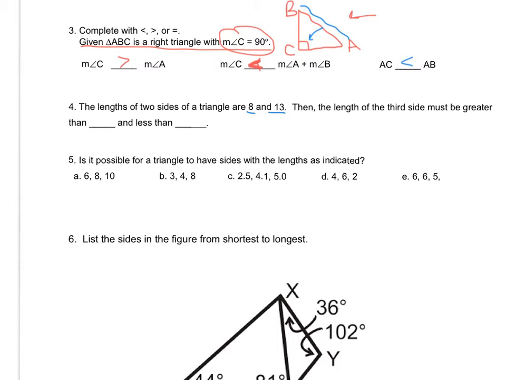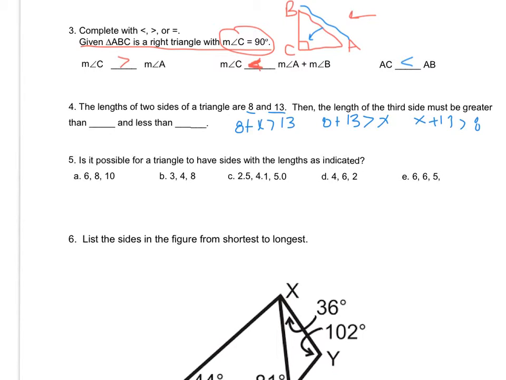We know that 8 and whatever the other side is has to be greater than 13. We also know that 8 and 13 have to be greater than whatever the third side is. Finally, we know that our third side plus 13 has to be greater than 8.